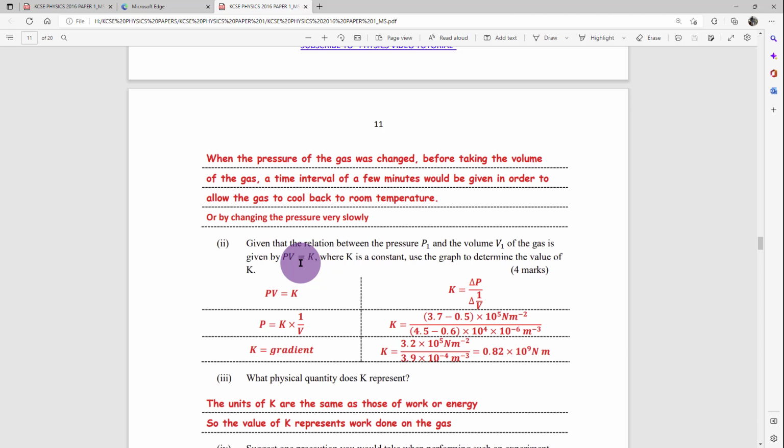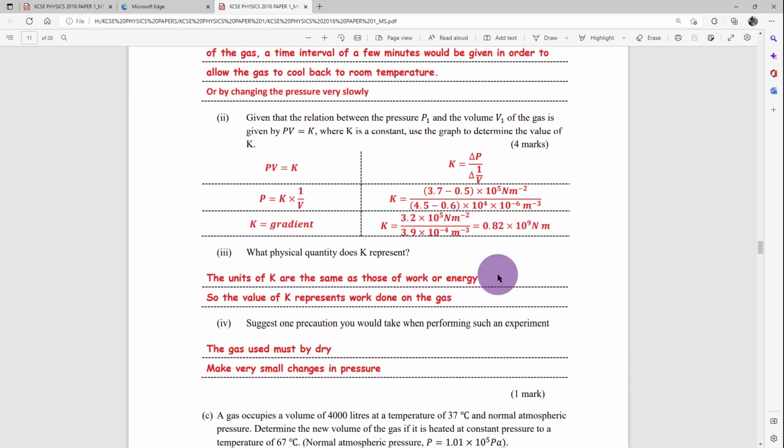Part 2 of A, given that the relationship between the pressure P and the volume V of the gas is given by PV equals K, where K is a constant, use the graph to determine the value of K. Of course, when we look at the graph, on the y-axis we've got pressure, on the x-axis we've got 1 over V, and this is what you should always do.